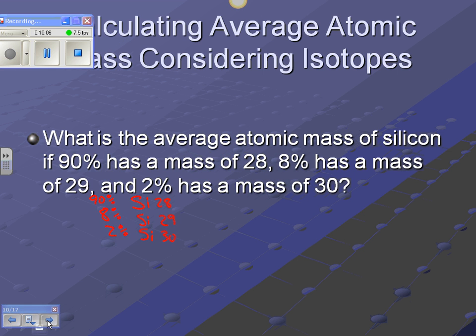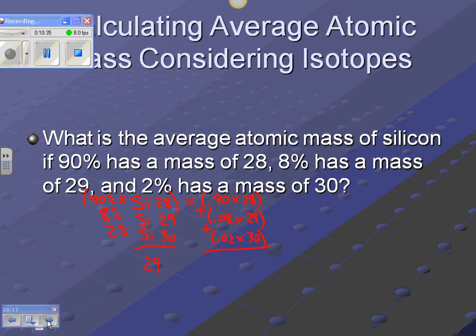So what I do is I multiply 90% times 28. In other words, I'm going to rewrite this, 0.90 times 28. I'm going to add that to 8%, 0.08, be careful, it's not 0.8, times 29, and I'm going to add that to 0.02 times 30. Now remember, if I just did a straight average, it would be 29.